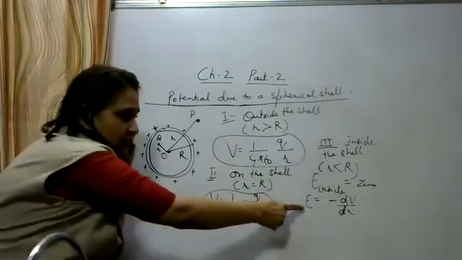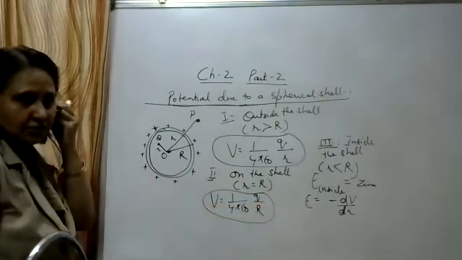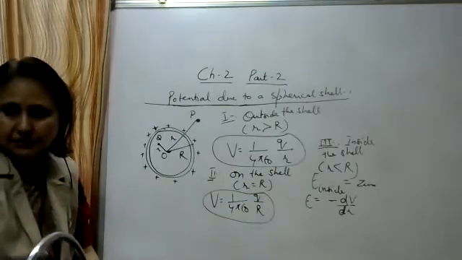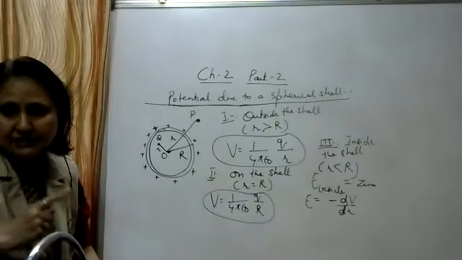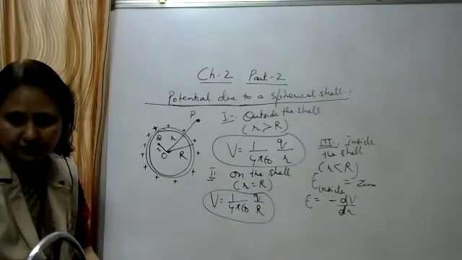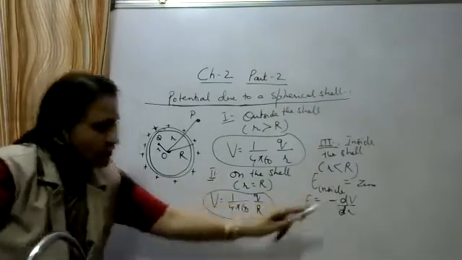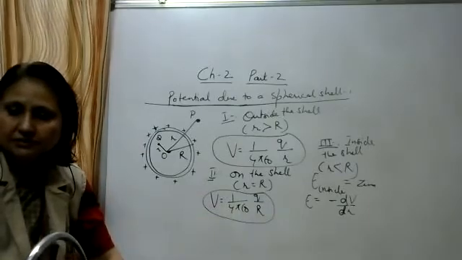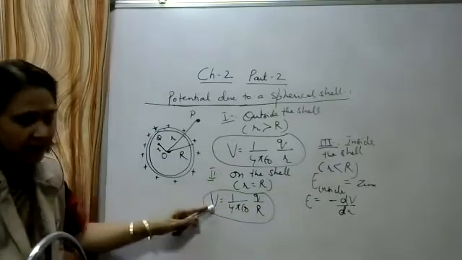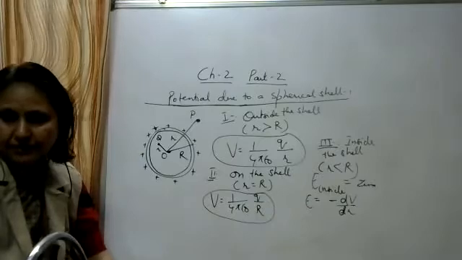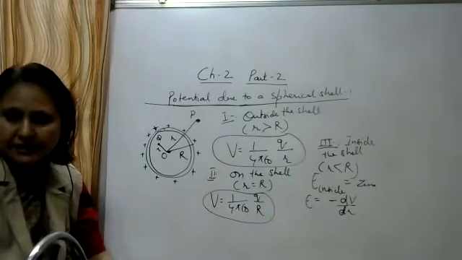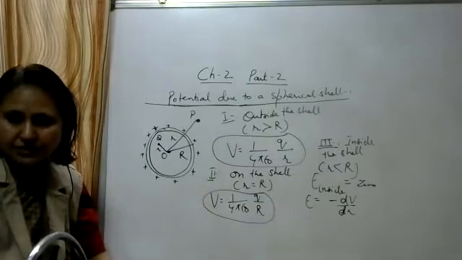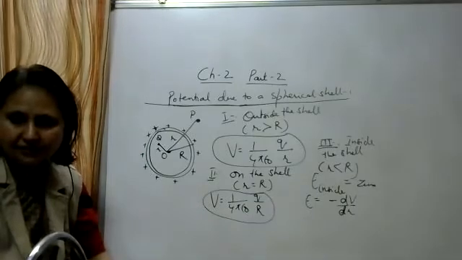Hence it shows that the potential inside the spherical shell is constant, which is the same as that on the surface.